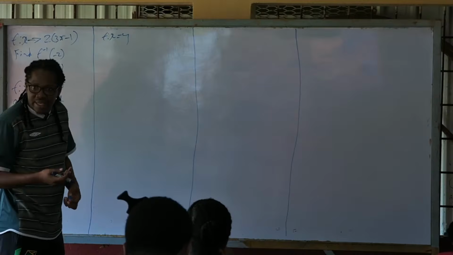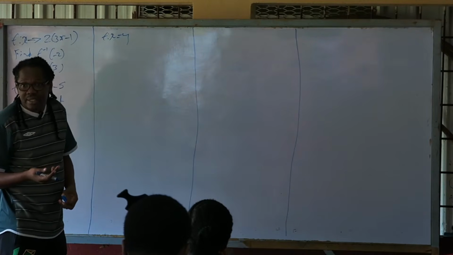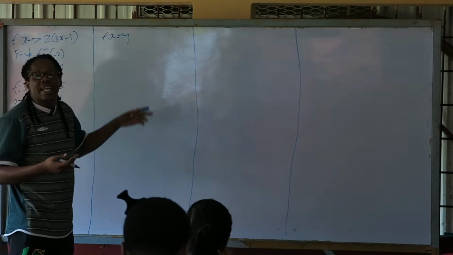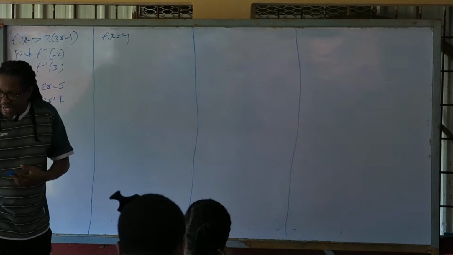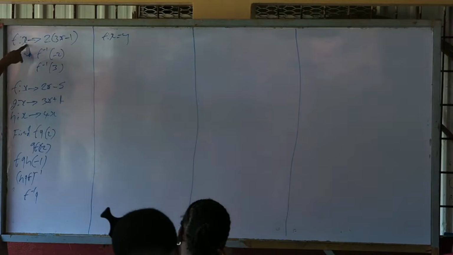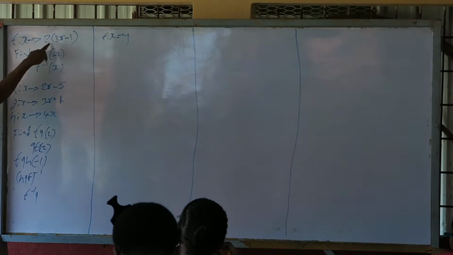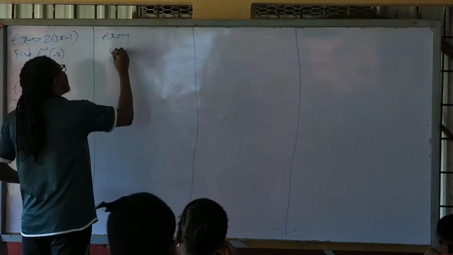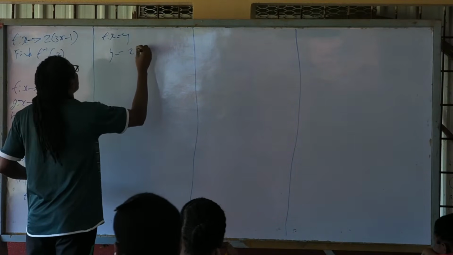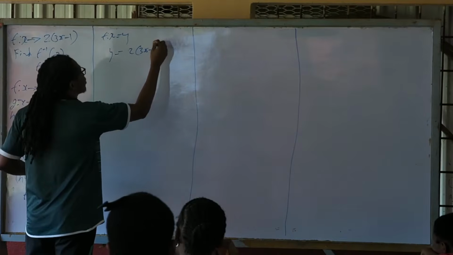Can x be the function of x? No, because that would mean that x defines x. X defines y. So this term, the function of x, is mapped onto 2 bracket 3x minus 1. It's simply saying that y is equal to 2 bracket 3x minus 1.